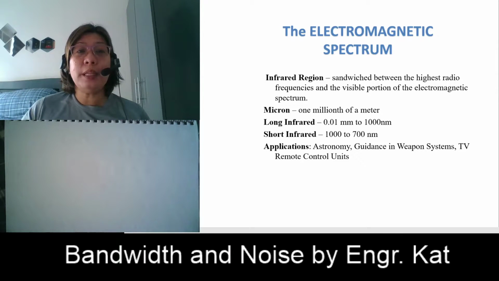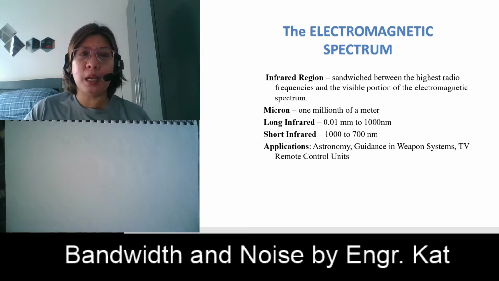So the infrared region is sandwiched between the highest radio frequency and the visible portion of the electromagnetic spectrum. So we have here some values that are very important that you may encounter in your future subjects or questions that you may encounter when you have your pre-boards.